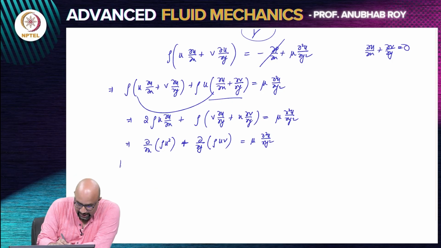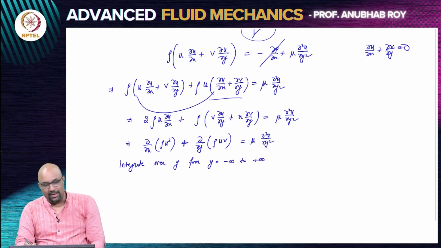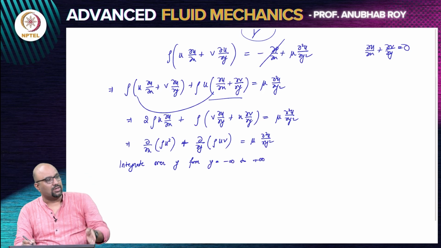Now, let us integrate over y from y equals minus infinity to plus infinity. So, I am integrating at some x location, I am basically integrating over the entire domain in y.